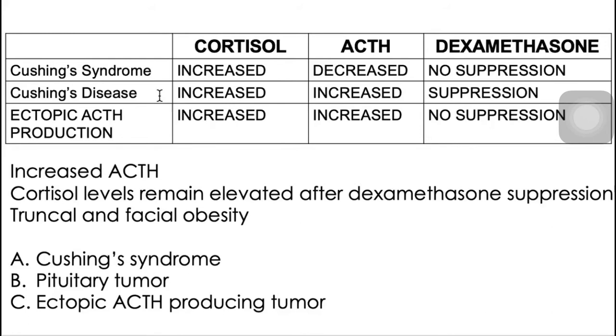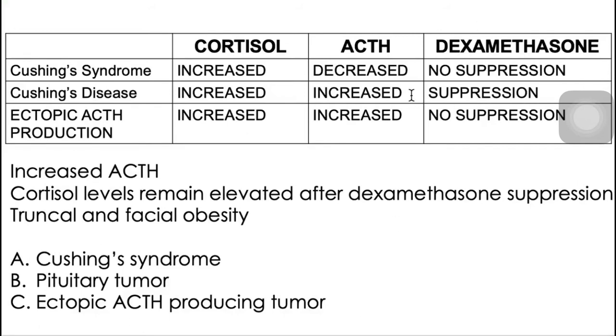And then kapag case naman po ng ectopic ACTH production, in comparison to the Cushing's disease, kasi pareho silang mataas ang ACTH dito, resulting to hypercortisolism, increase in cortisol. Pero one of their main difference is the dexamethasone. Kasi sa Cushing's disease, pituitary Cushing, this one will be suppressed, while for ectopic ACTH production, it will not be suppressed.